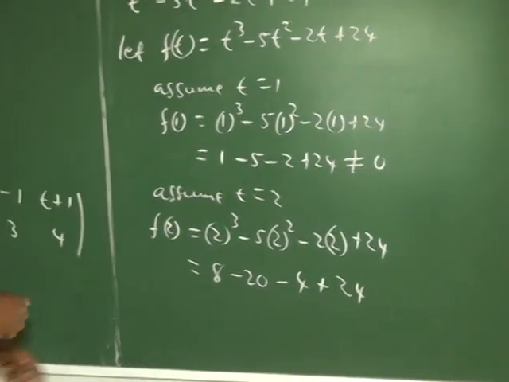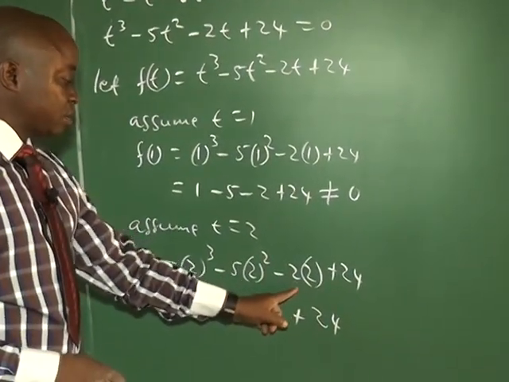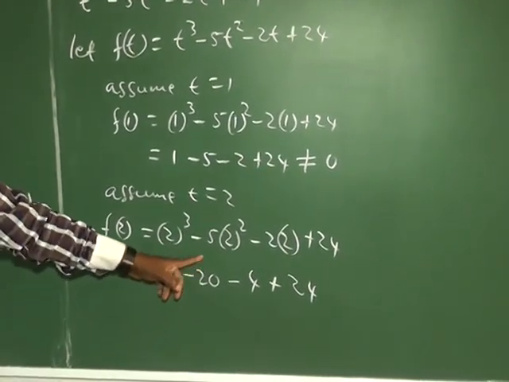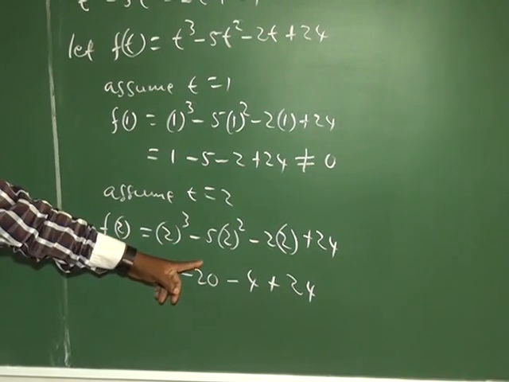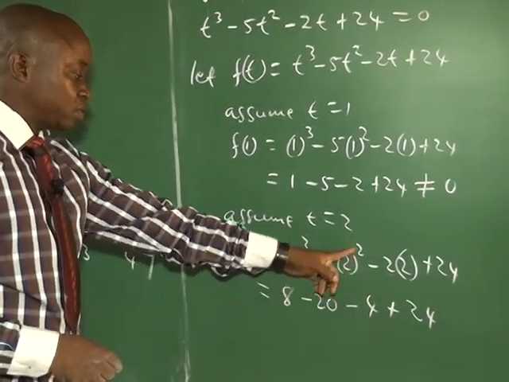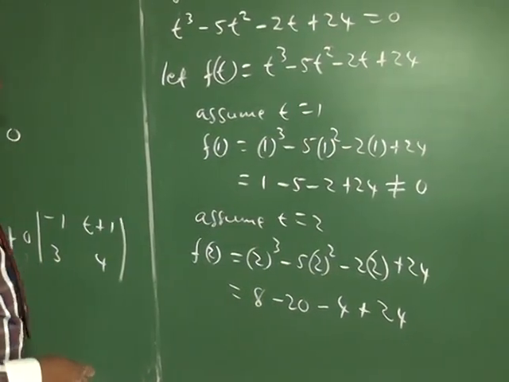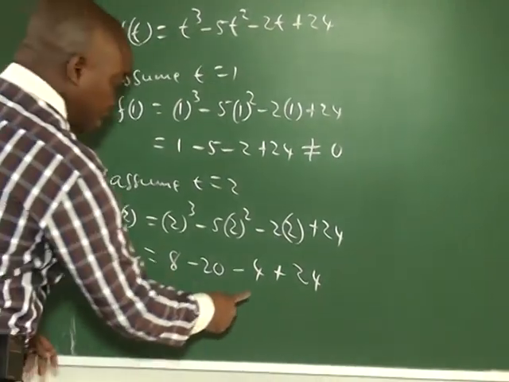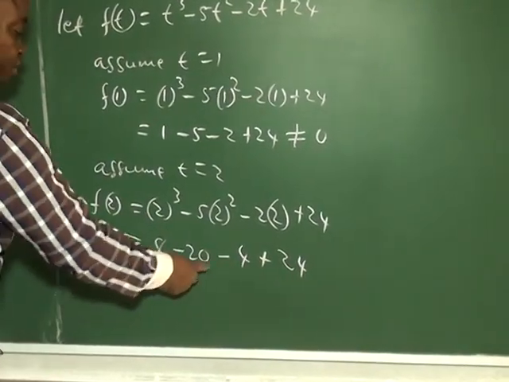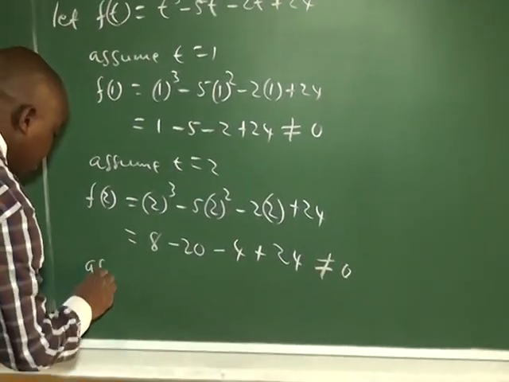Here is 4 because minus 2 times 2 was minus 4. And 2 square times minus 5 was minus 20. It's not equal 0 because this is 28 minus 24, so not equal 0.